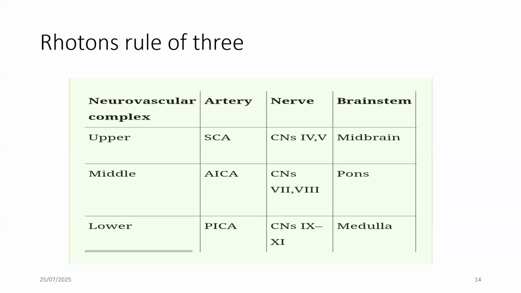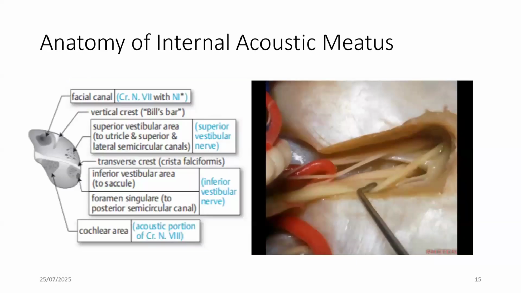So this also guides where you put your retractor, so that one can be able to access the target structure.